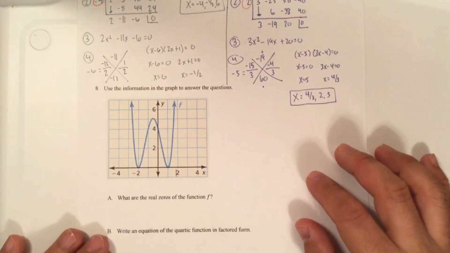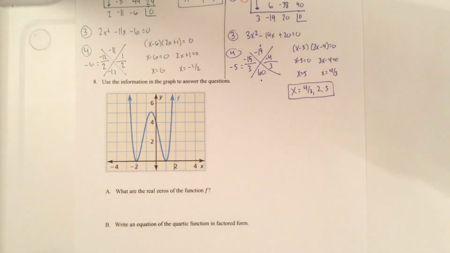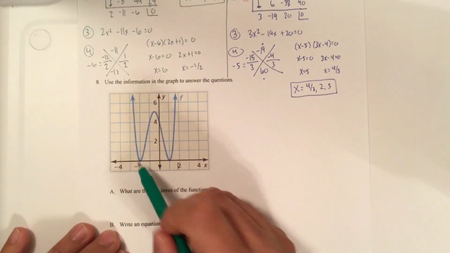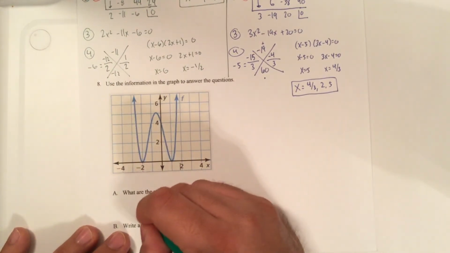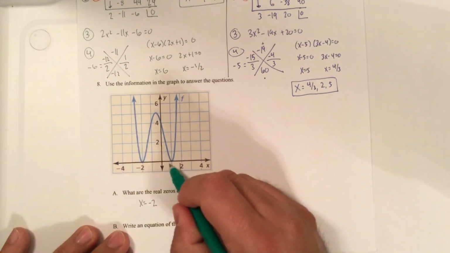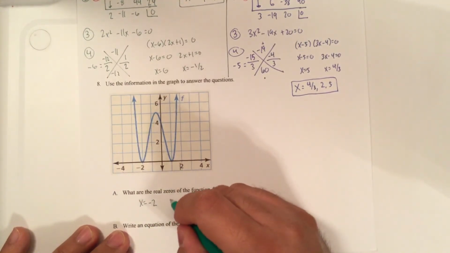All right, last one we have is number 8 here. So number 8 says, use the information in the graph to answer the questions. So letter A says, what are the real zeros of the function f? Okay, so when I look at this here, I can see that my solutions are x equals negative 2 and x equals positive 1.